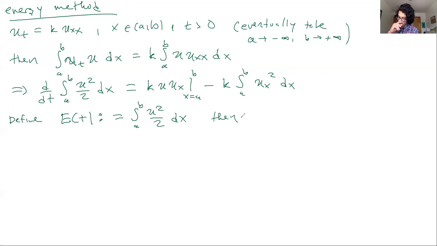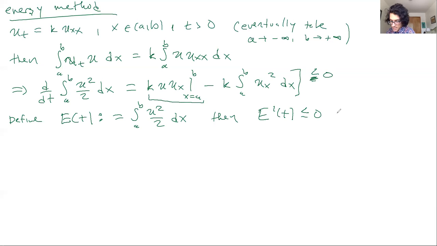Then, okay, what I know is that E prime of t is less than or equal to 0. Why? Well, because this thing here, okay, is less than or equal to 0, okay?